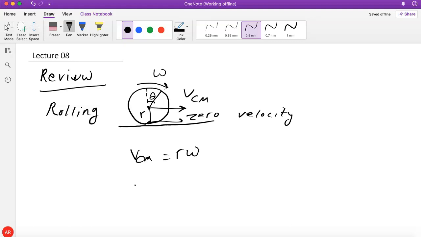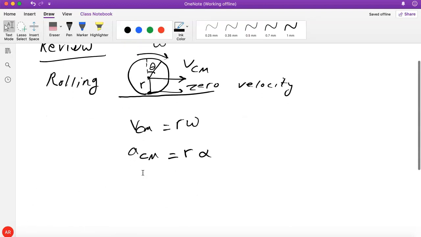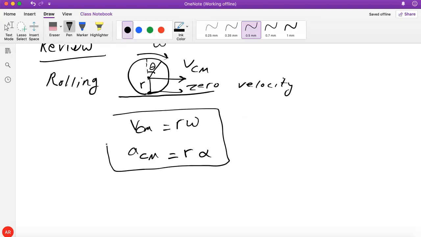We also took a derivative of this to find that the acceleration of the center is r times alpha. Okay, so those were the two constraints that related the velocity and angular velocity, and similarly the acceleration and the angular acceleration, when there is no slipping.